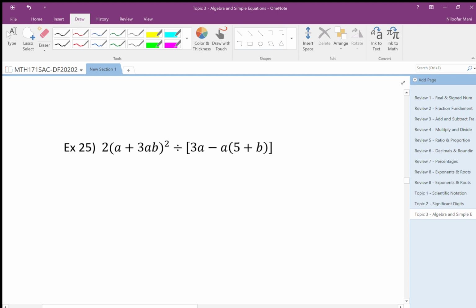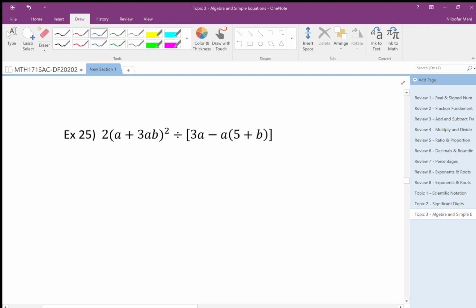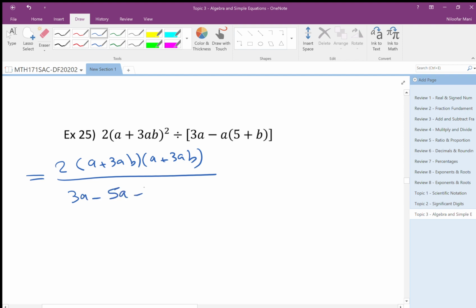Okay, so it is 2 times a plus 3ab times a plus 3ab, divided by 3a minus 5a minus ab equal.